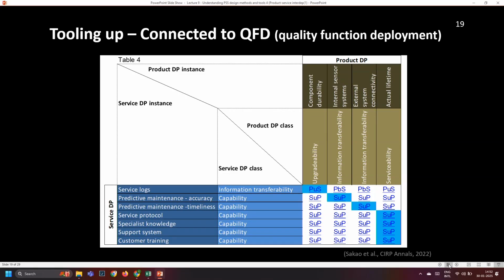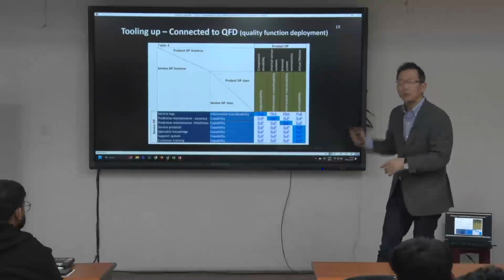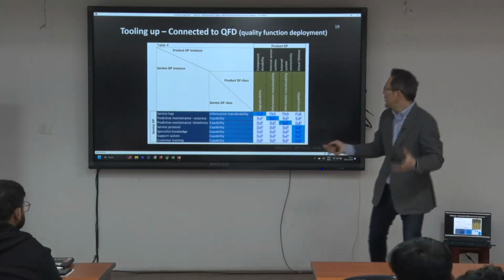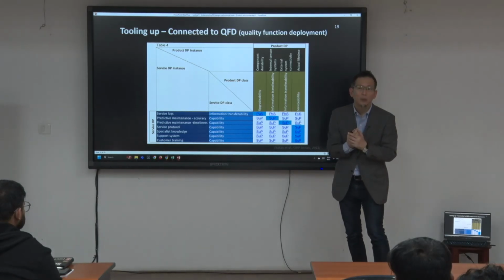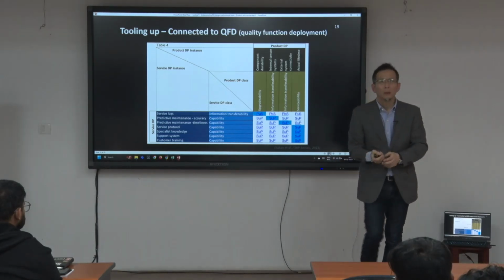This is a sort of simple software developed for academic purpose, so it may not run perfect, but the idea is you describe the parameter instances, and then you choose the class parameter, and then according to the 42 cases behind this matrix, the interdependencies are suggested. That's a sort of automatic process.